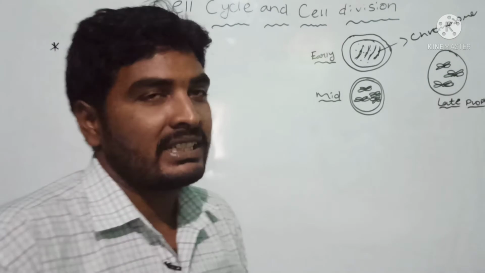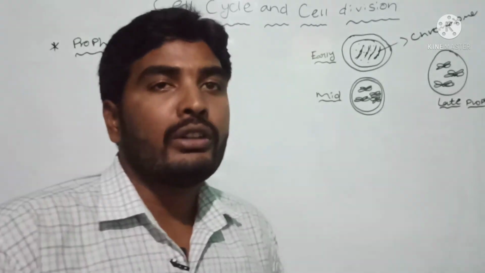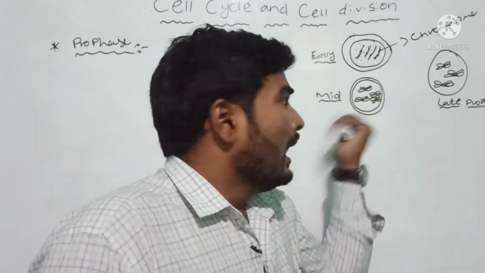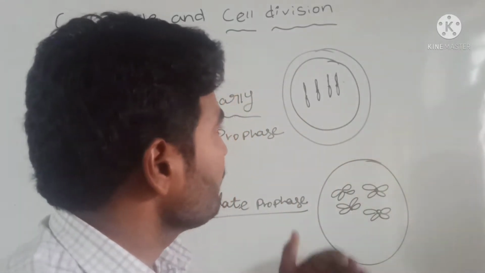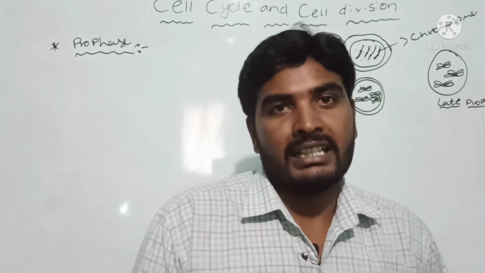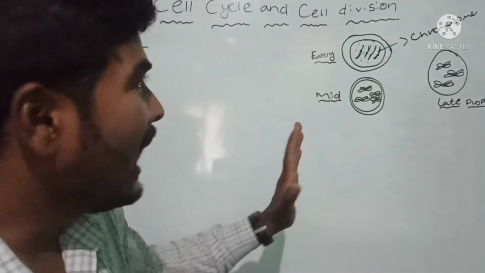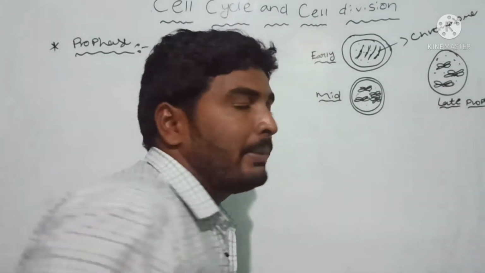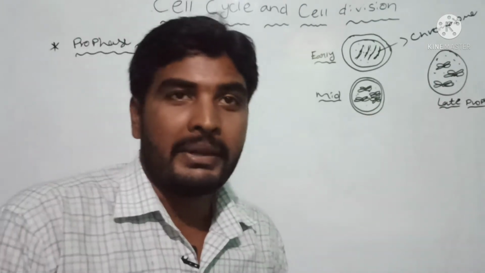Now the mid prophase stage. After its formation, the chromosome splits longitudinally except at the centromere position to form chromatids. In late prophase, the nuclear membrane and nucleolus disappear, and organelles like the endoplasmic reticulum and Golgi complex also disappear.